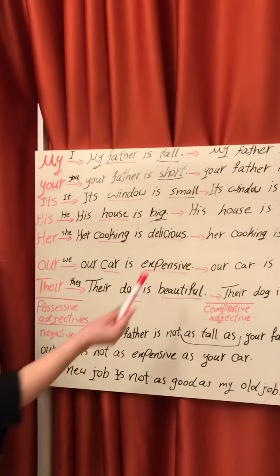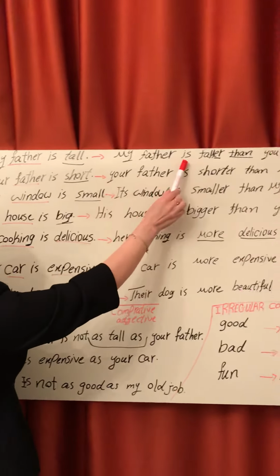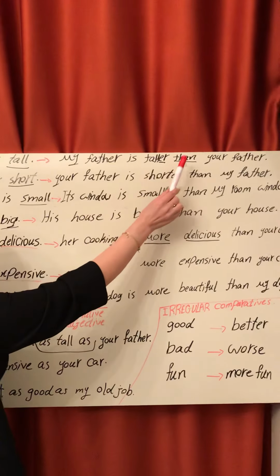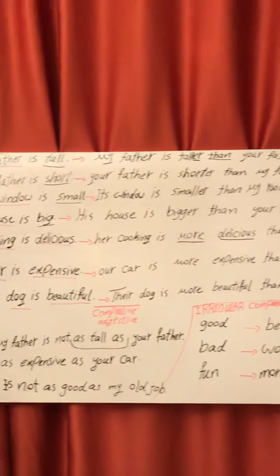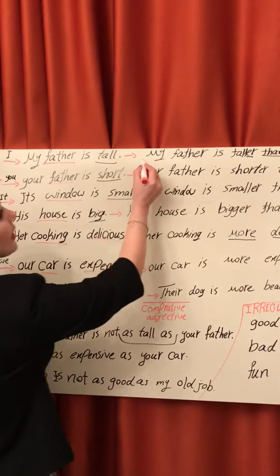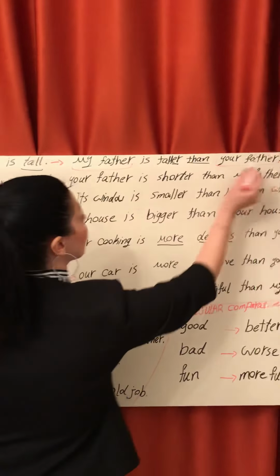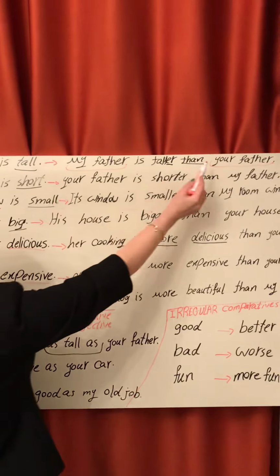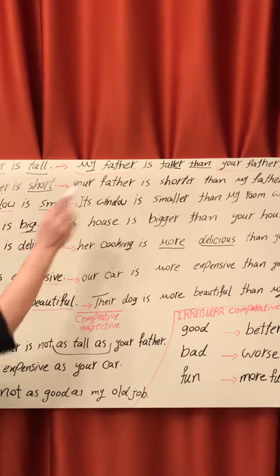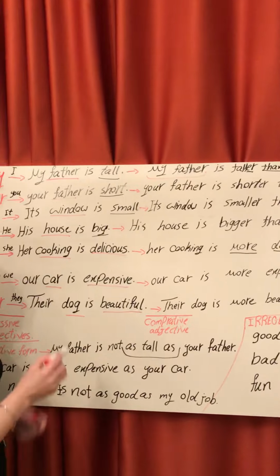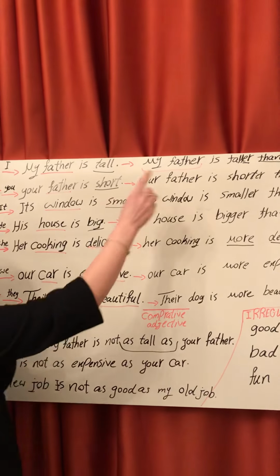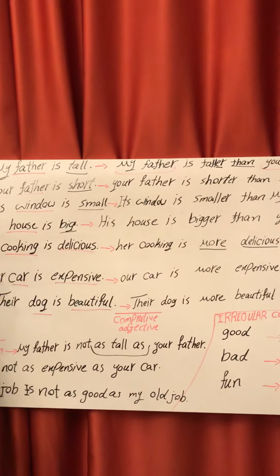For example, my father is taller than your father. In this sentence, we compare two things, my father and your father. Two people.